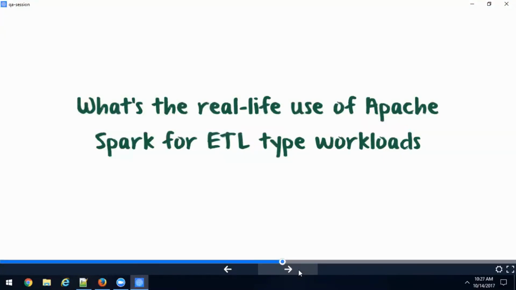So the repeated processing is much faster because the data gets processed from memory instead of from disk. That is Spark's specialty. You can obviously use Spark for ETL kind of operation, but Spark's specialty is to work with iterative algorithms or iterative processing.